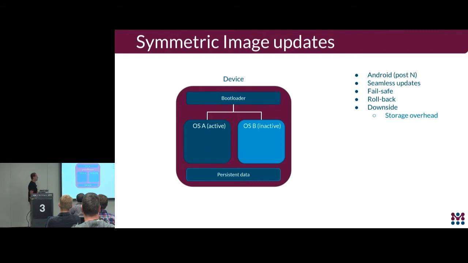So the other approach is how Android does it right now, and how they did it in Chrome OS, for example. This is how they deployed updates as well. In this case, it's a basic redundancy system setup. You keep 2 copies of your whole system, and as I showed before, this contains your distribution, the Linux kernel, the application.